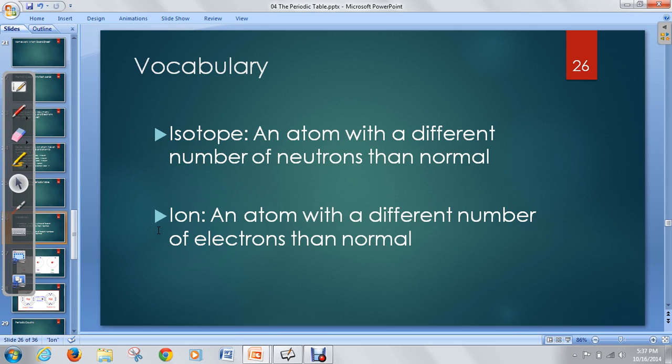If I have a different number than I should, it becomes an ion and the particle is charged. Usually 19 protons and 19 electrons is like 19 positive and 19 negative, which cancel out, so it's not charged. But if I have 19 protons and 20 electrons, I have an extra negative charge, which makes the atom charged.